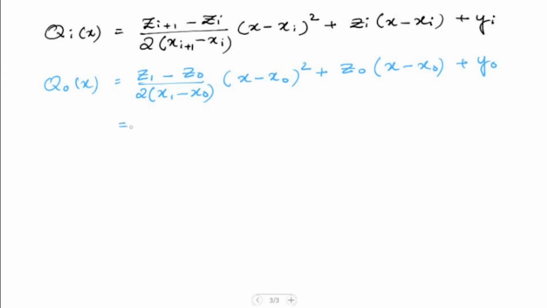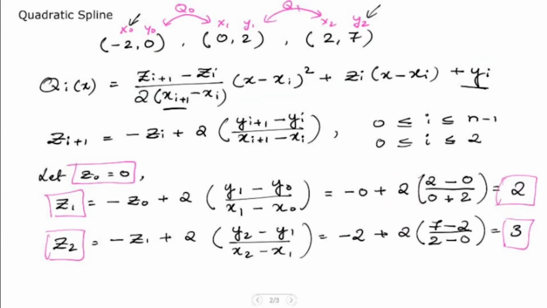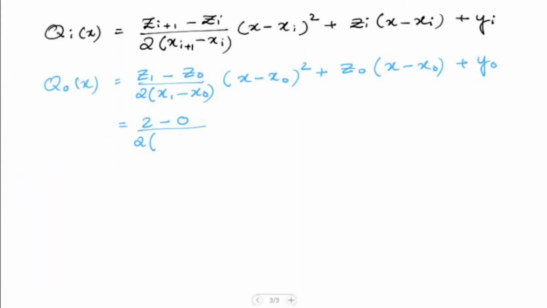Now, if we replace the values, z1 is 2 minus z0, which we consider as 0. We have 2 times (x1 minus x0), where x1 is 0 and x0 is minus 2, so 0 plus 2, times (x plus 2) squared, plus z0 is 0.